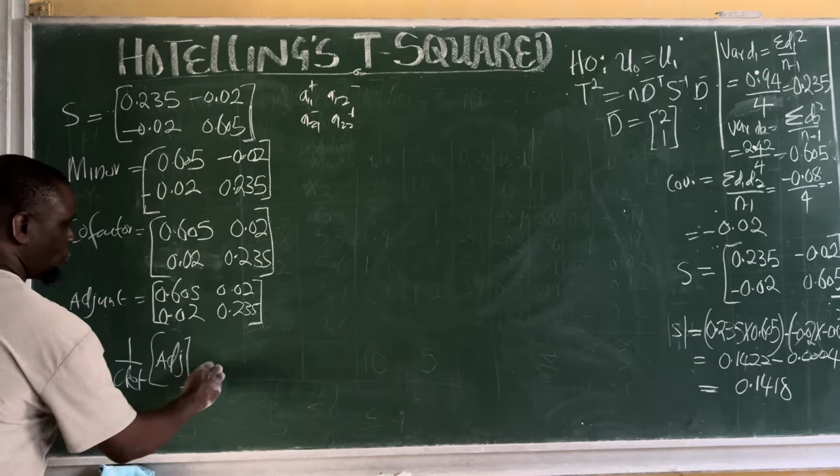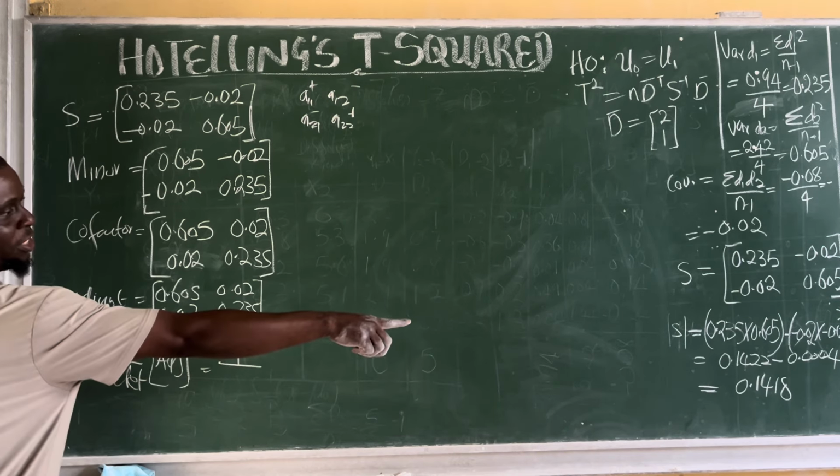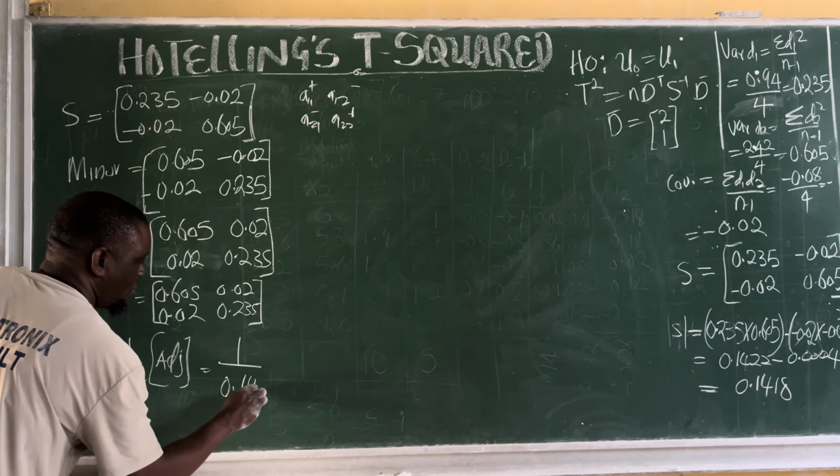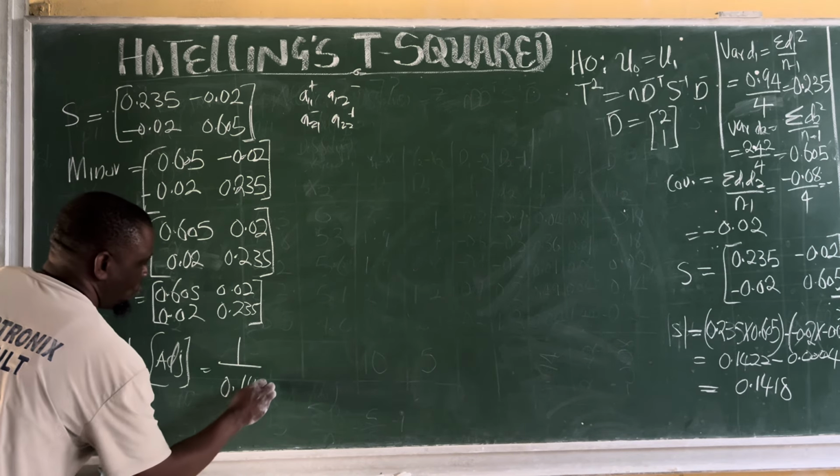So which will be equal to 1 over, we got our determinant as 0.1418. Then times, what is our adjoint now? 0.605, 0.02. Now, 0.02, 0.235.